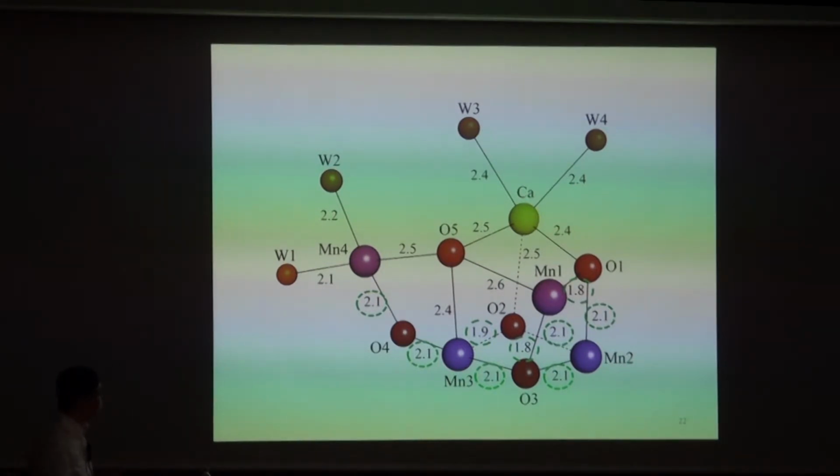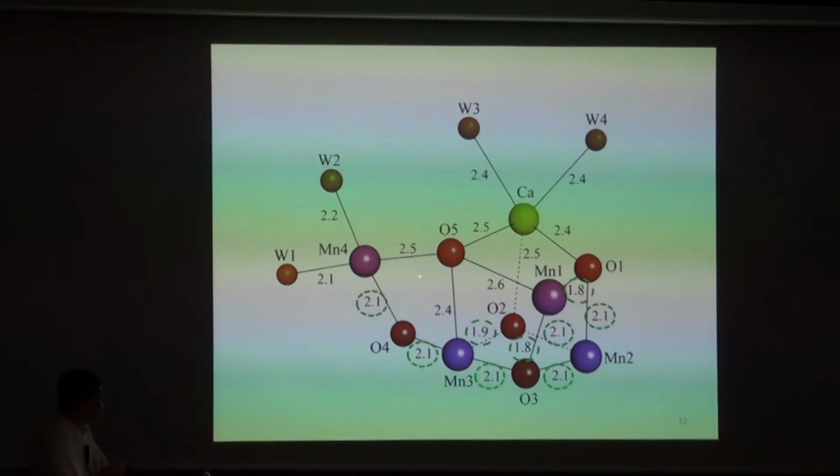And this applies for 4 of the 5 oxygens, O1, O2, O3, and O4. All these 4 oxygen atoms have bond lengths to manganese ions as typically found in manganese oxide, in the range of 1.8 to 2.1 angstroms.